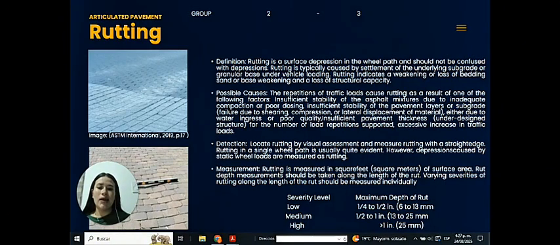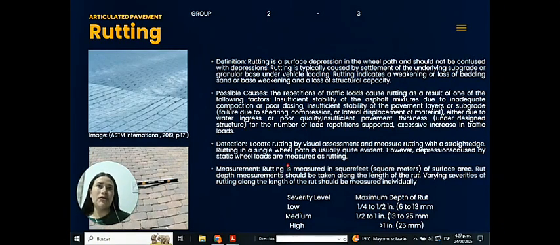Detection. Rutting in a single wheel path is usually quite evident, where depression caused by static wheel loads is measured as rutting. Measuring rutting is in millimeters, measuring in square feet and square meters of surface area. Here we have the severity level and maximum depth.